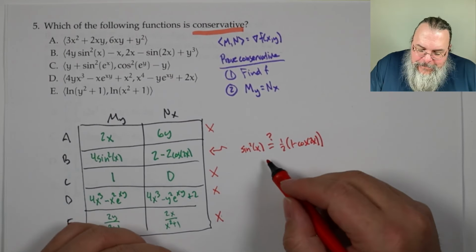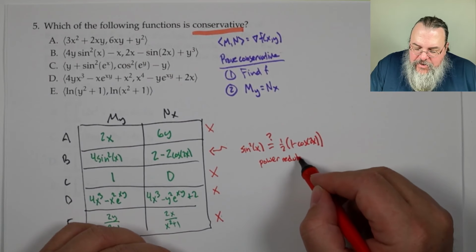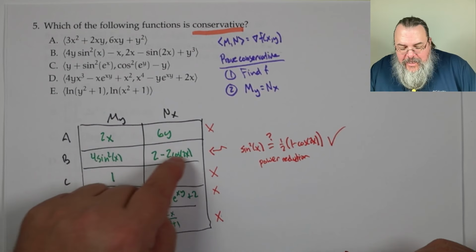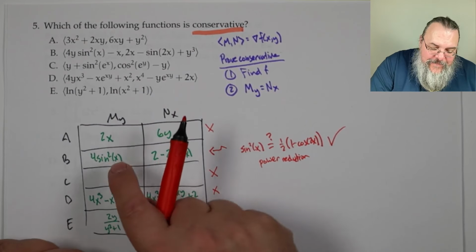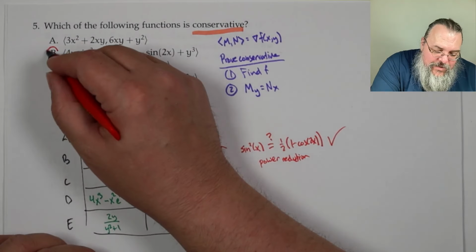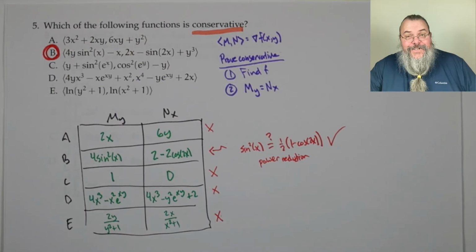This is our power reduction identity. So this is true, which means that these match. So even though initially it looks like they don't match, we're smart enough to pick up and say, hey, these actually do.